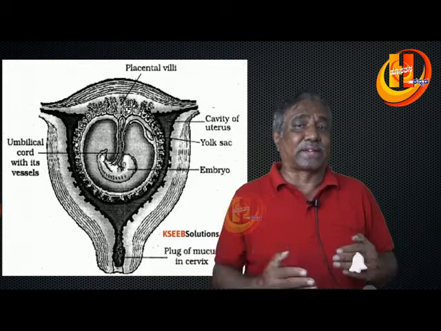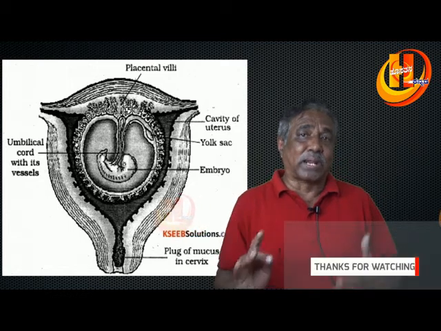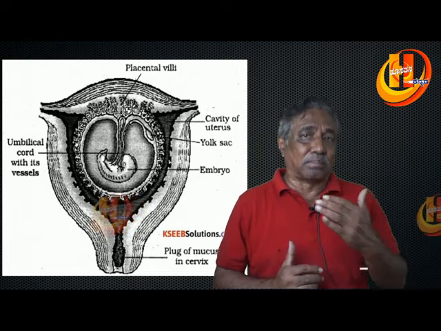The trophoblast later gives rise to extra-embryonic membranes like amnion, allantois, chorion, and yolk sac, which is non-functional in human beings.